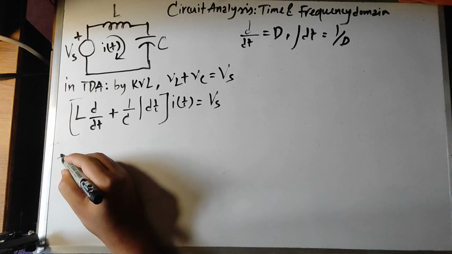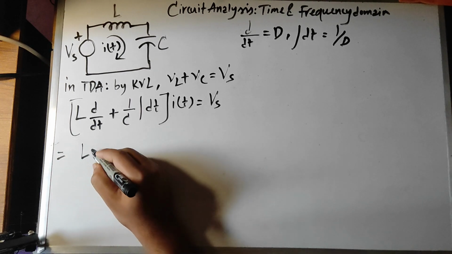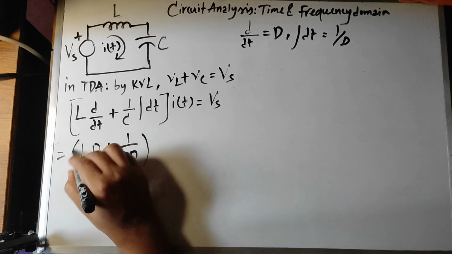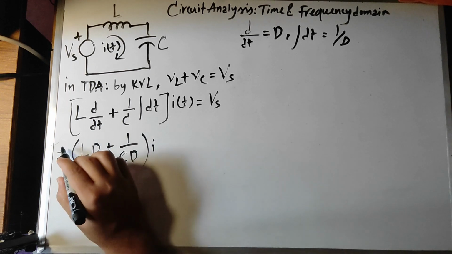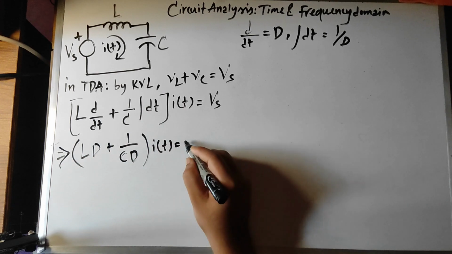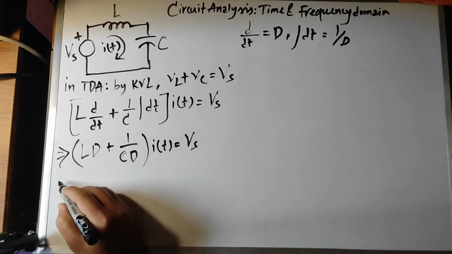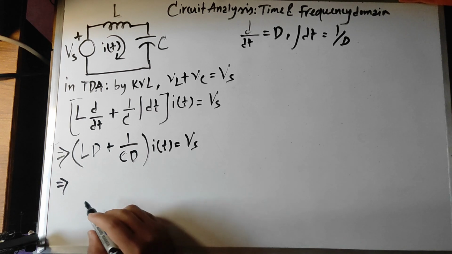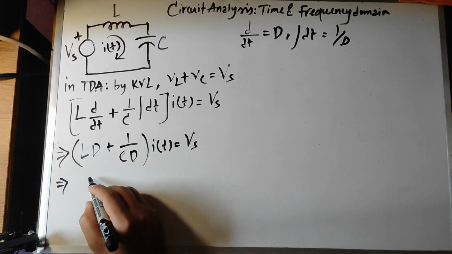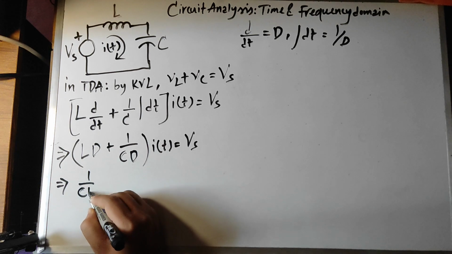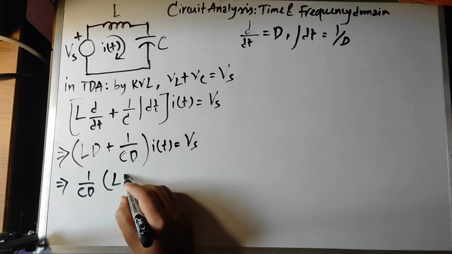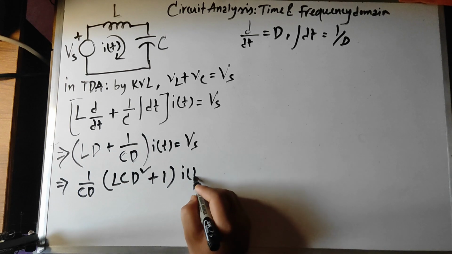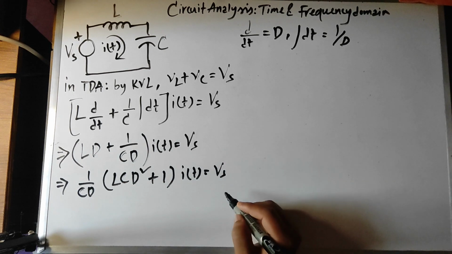So by the linear differential operator, (LD plus 1/CD) i(t) equals Vs. If we further rearrange this, (1/CD)(LCD² plus 1) i(t) equals Vs.